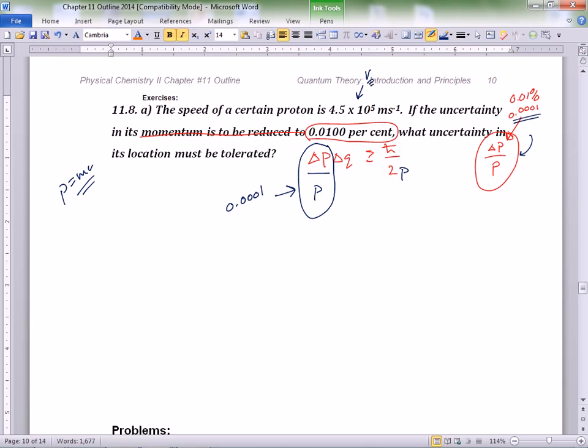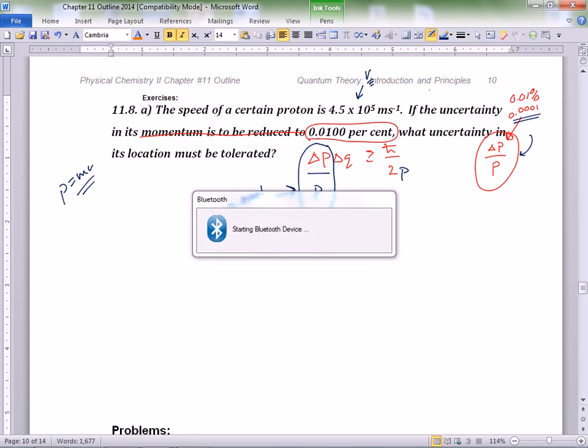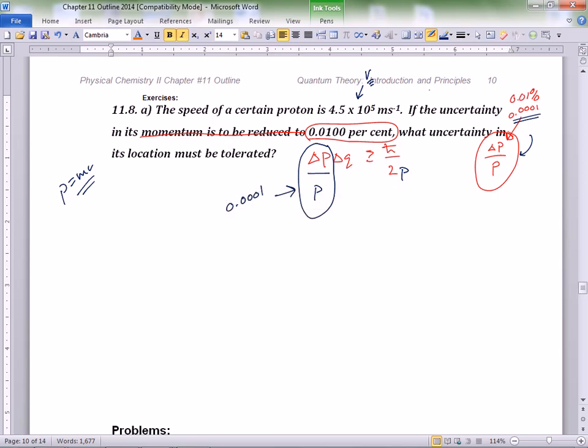I don't know if you've gotten used to this author yet, but how do you know what m is? Because that P is supposed to be m times v. You gotta look it up. Yeah, they're gonna do that a lot to you. So you're gonna end up with 0.0001 delta Q greater than or equal to h bar over 2 m times v.